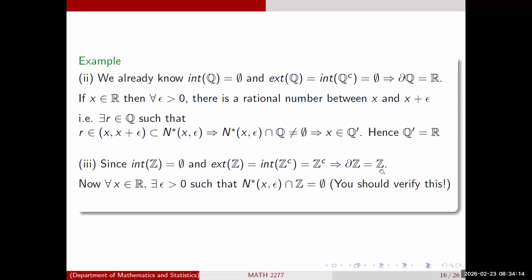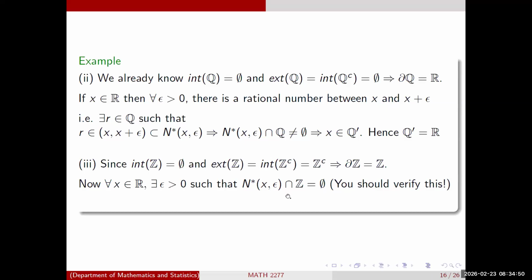Now, what about the limit points? For every real number, we could find a radius such that the deleted neighborhood around that number of that radius intersection Z is the empty set. You should verify this. To see why this is true, try to draw the real number line and put a couple of integers there.